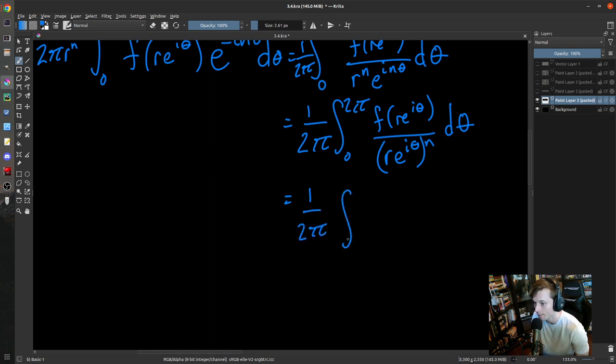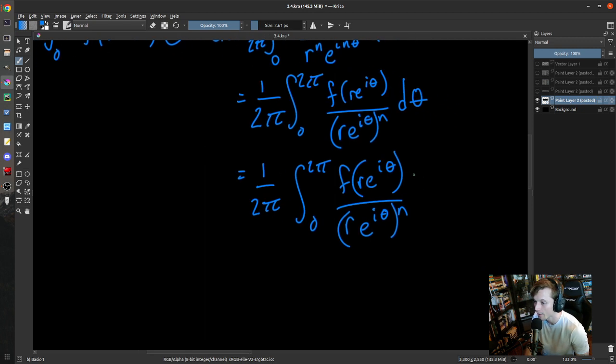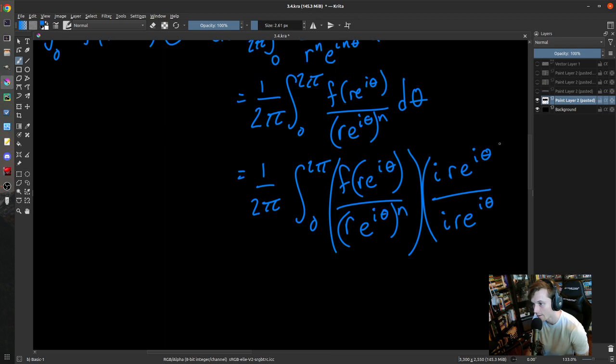So, integral from 0 to 2 pi of f of r e to the i theta over r e to the i theta, all of that to the n, and then I'm going to multiply this whole business by a clever form of 1, which will be i r e to the i theta over i r e to the i theta, d theta.